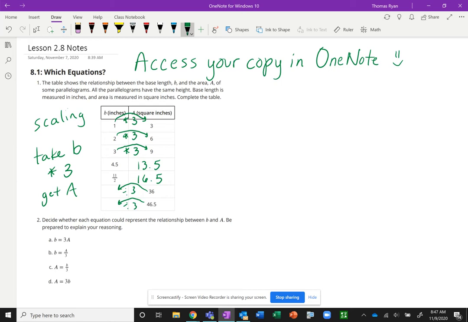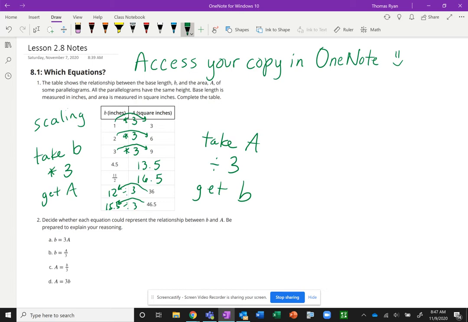So 36 divided by 3 gives us 12. 46.5 divided by 3 gives us 15.5.